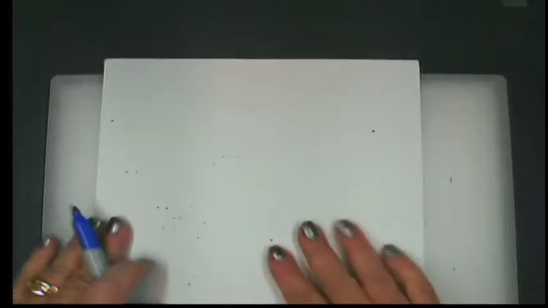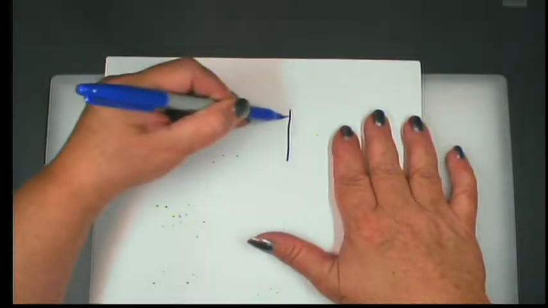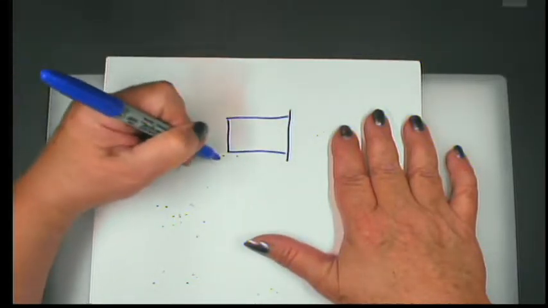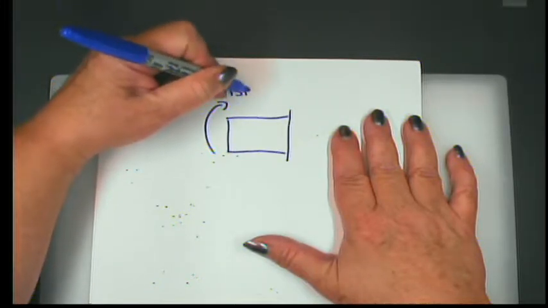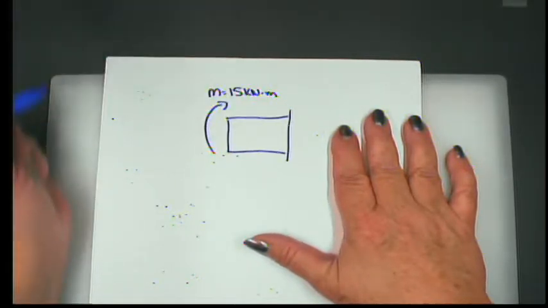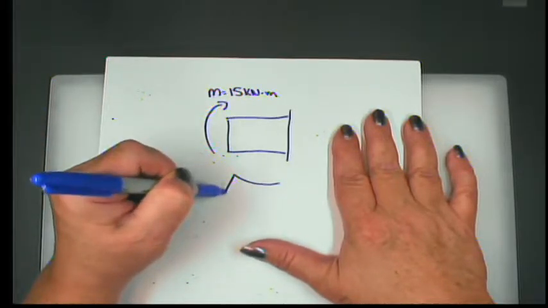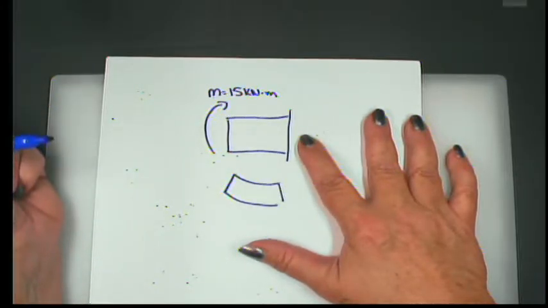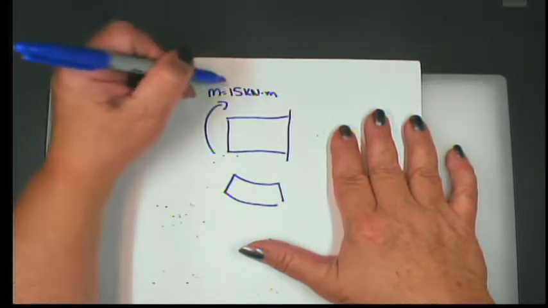We have a beam that is extruded from a wall, and it is subjected to a moment in the amount of 15 kilonewton meters. All right, now if you think about this beam, if it's subjected to a moment that looks like that, is that a positive moment or a negative moment? It is. Very good.